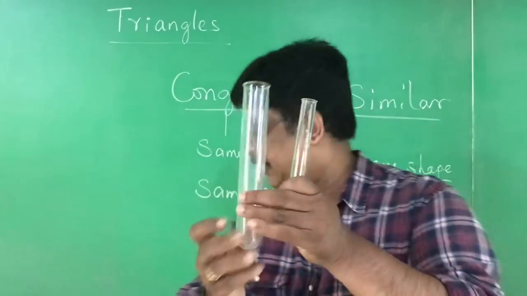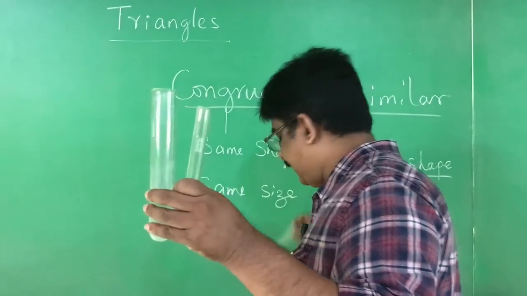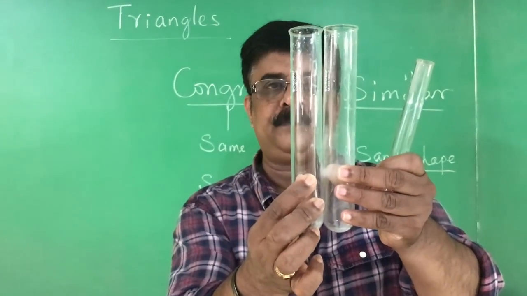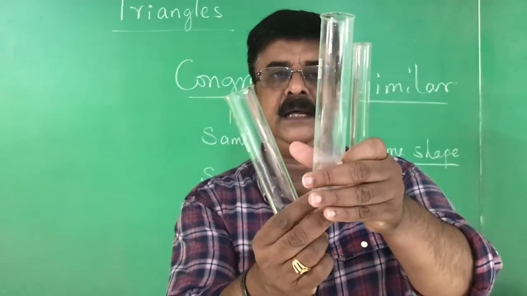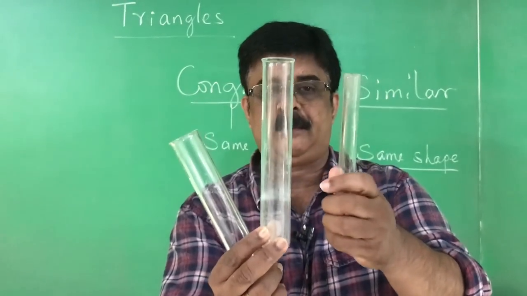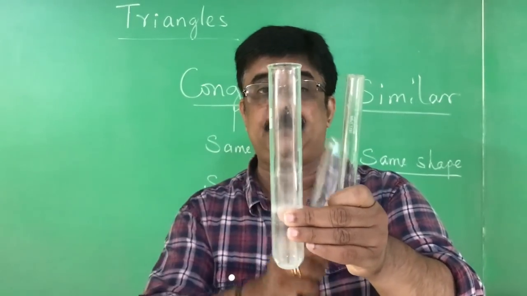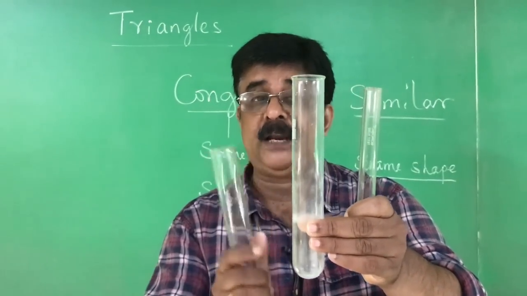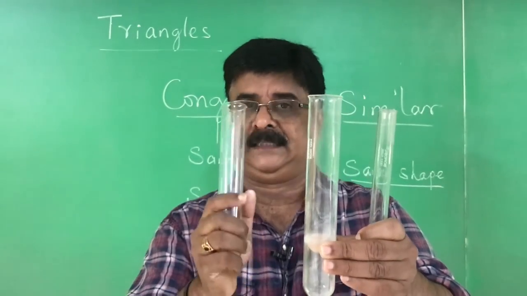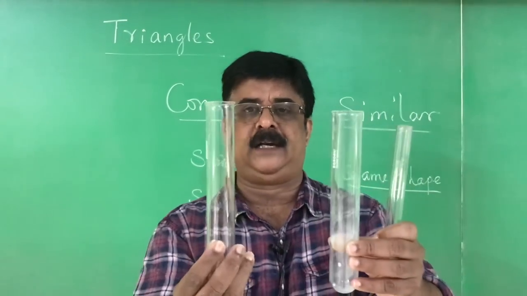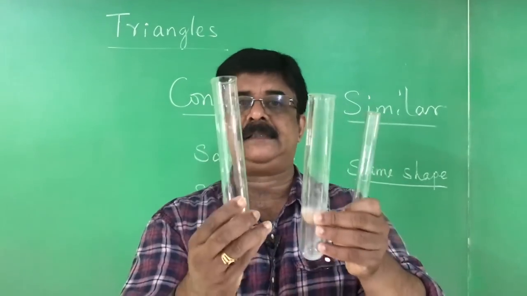For example, if I keep one more test tube next to this, these 2 are congruent, these 2 are similar. Similar geometrical solids are solids of same shape, but they may not have same size. But congruent solids have same shape and same size.